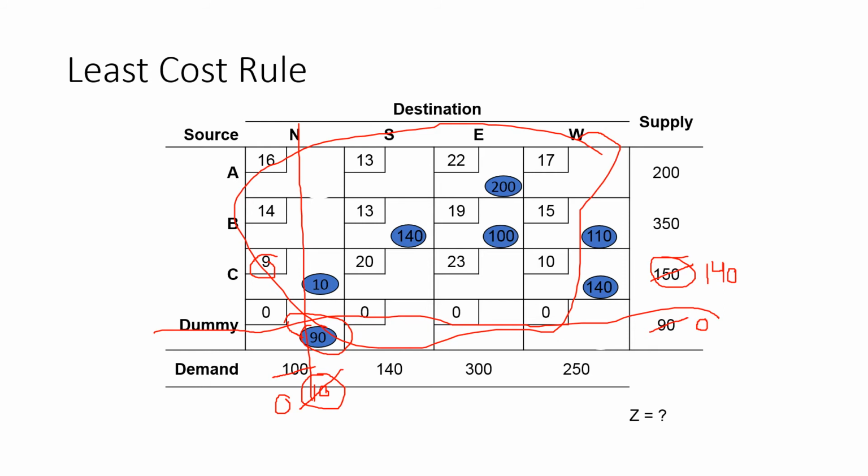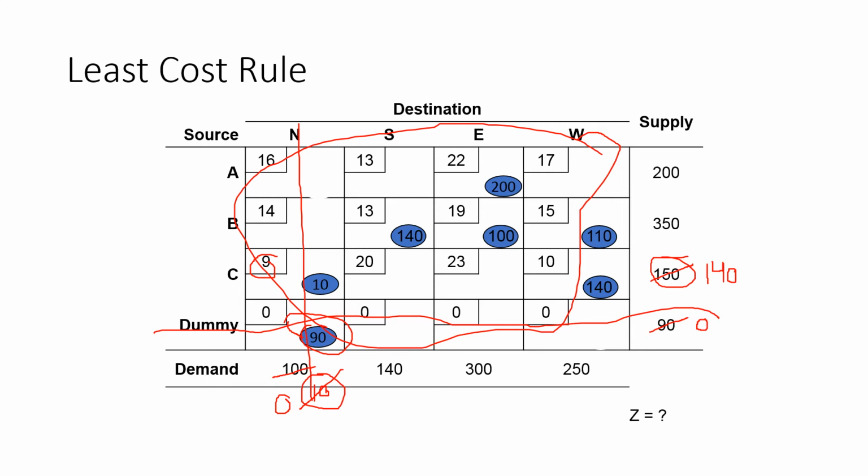Now, from whatever is left from the table, find the minimum cell. In this case, it is the cost of 10, I think here, right?